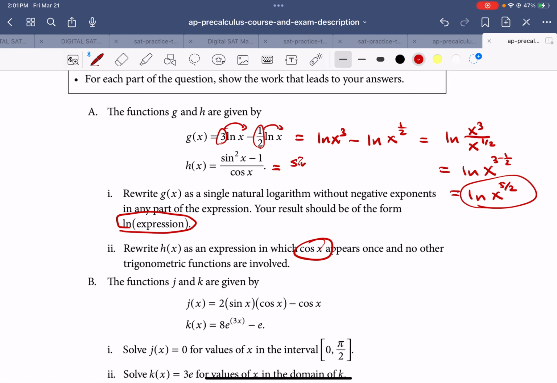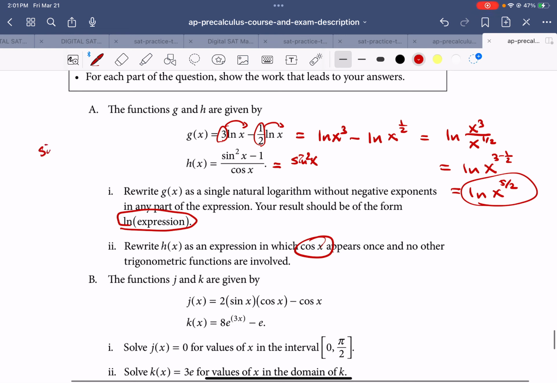Sine squared x, we know one of the Pythagorean identities, which is sine squared x plus cosine squared x equals 1. I want you to memorize it. It comes up on the test very often. And you have 3 Pythagorean identities, right?